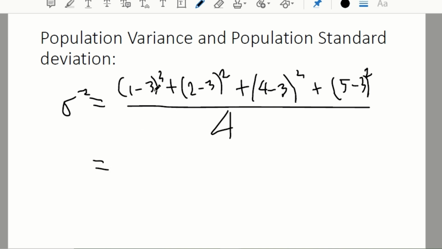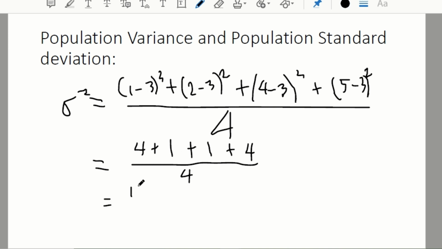So 1 minus 3 is negative 2, squared is 4. 2 minus 3 is negative 1, squared is 1. Plus 4 minus 3 is 1, squared is 1. 5 minus 3 is 2, squared is 4.